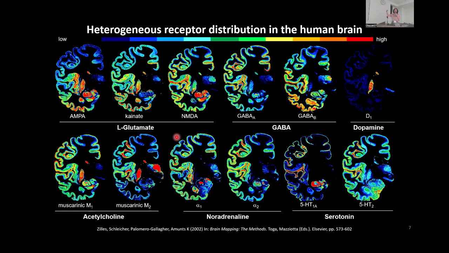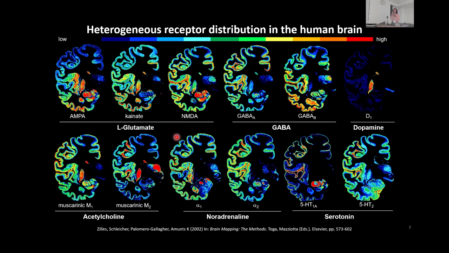We've got regional differences, we've got laminar differences, and we've got differences between the cortex and subcortical structures. And all the slides that I'll be showing from now on have the same color coding as this slide here. So blue colors code for low receptor densities, and red tones code for high receptor densities, okay?